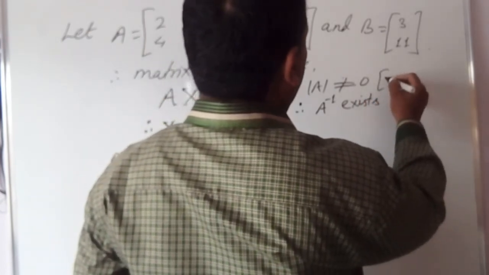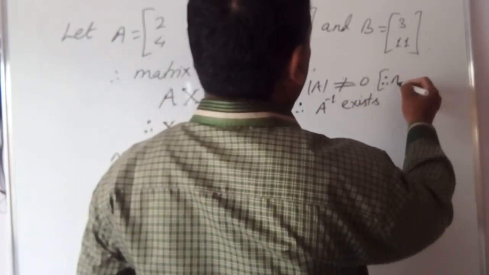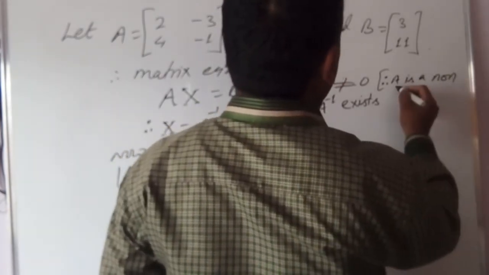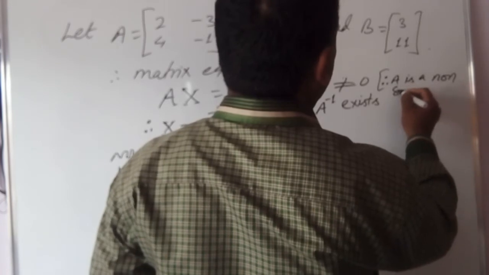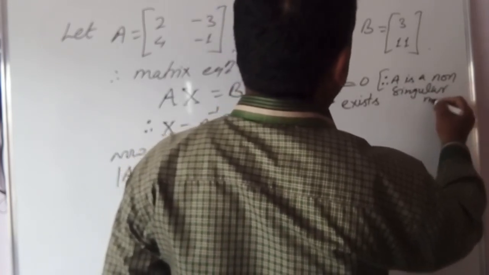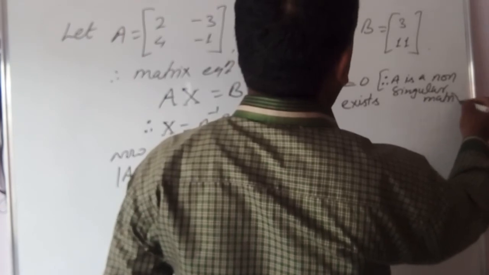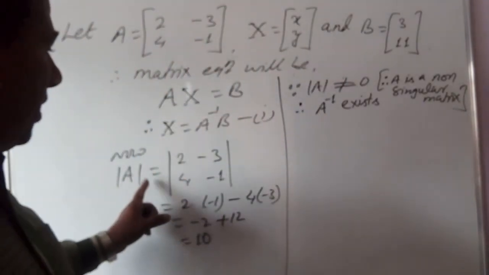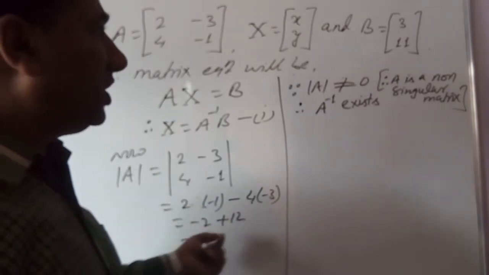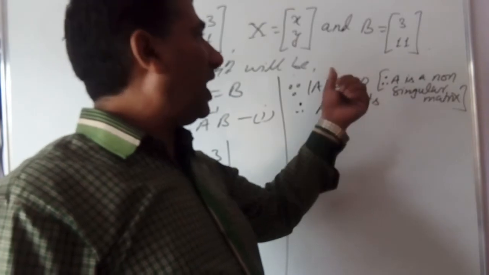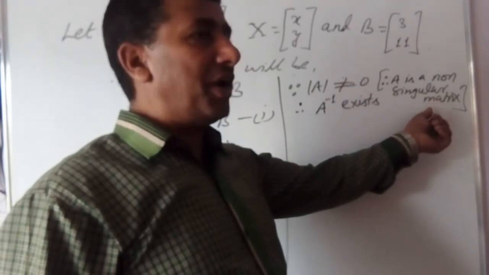Therefore, matrix A is a non-singular matrix. Since the determinant of matrix A is 10, which is not 0, when the determinant is not 0, that matrix is called a non-singular matrix.